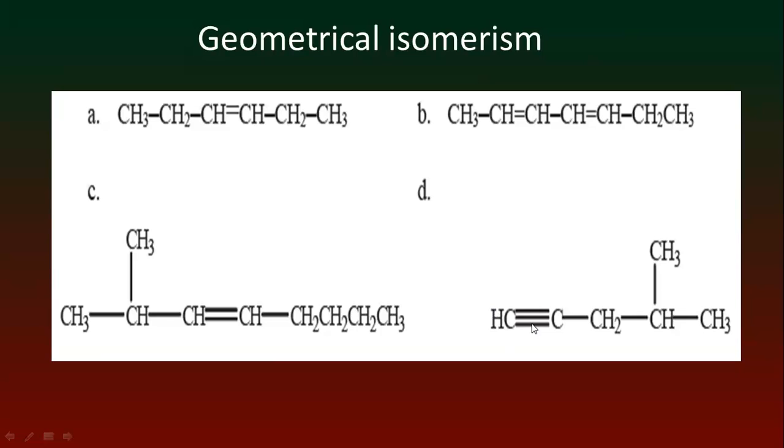That's why the first condition fails. That's why compound D doesn't show geometrical isomerism, so it will not give two types of isomers like cis and trans. Boys, you got it? Yes.